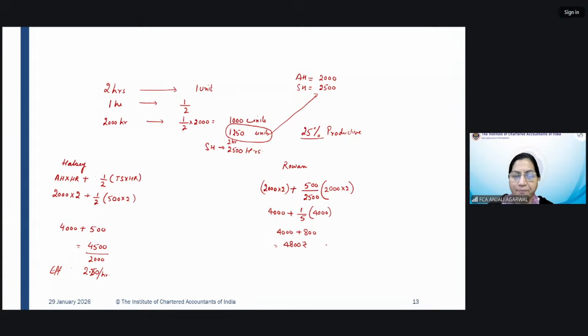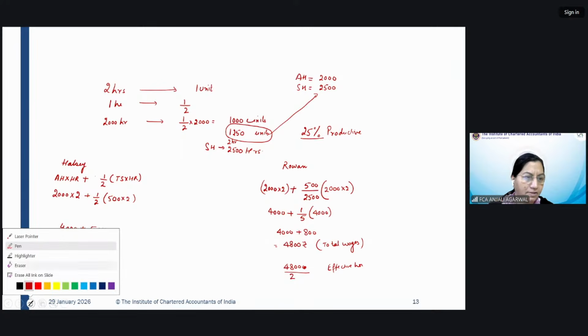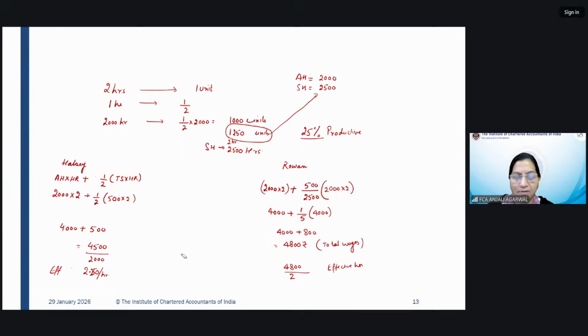Total wages are 4,800 rupees. And the effective hourly rate would be 4,800 by 2,000, 2.4 rupees per hour.